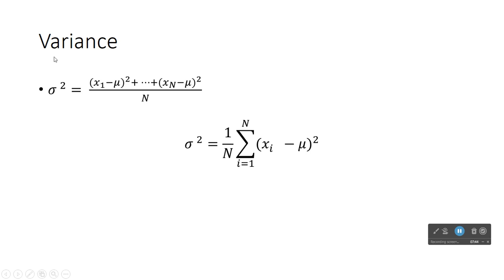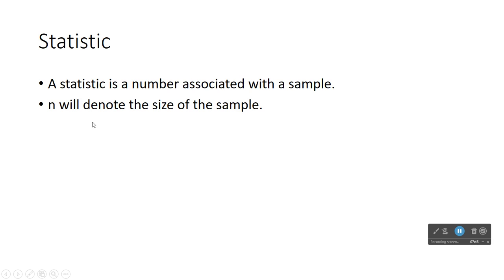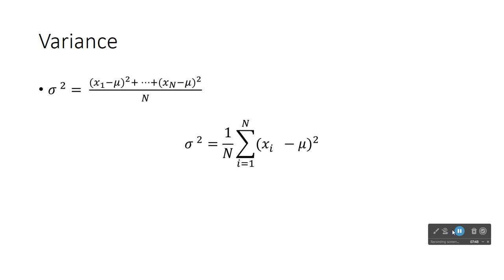Another parameter is the variance. The variance is similar to the mean and how we obtain it, because it's actually a mean itself.